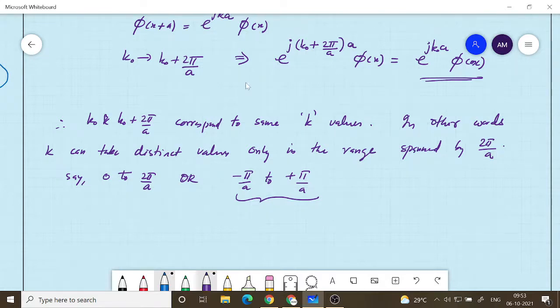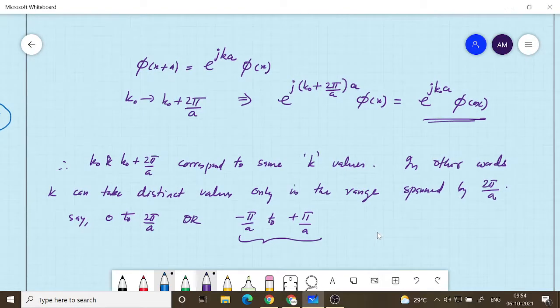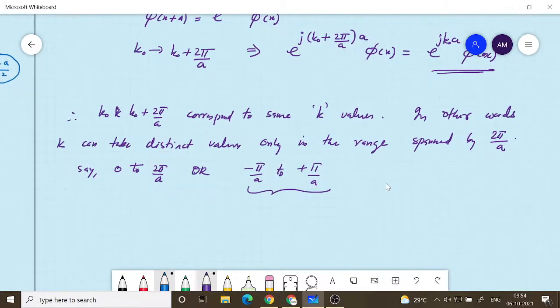Just like I have shown here, if you start with some negative value and you add 2 pi by a, you will get some value which basically comes back to itself. This is not just with 2 pi by a; any integer multiples of 2 pi by a are also the same thing.